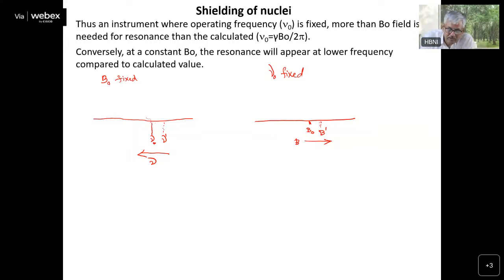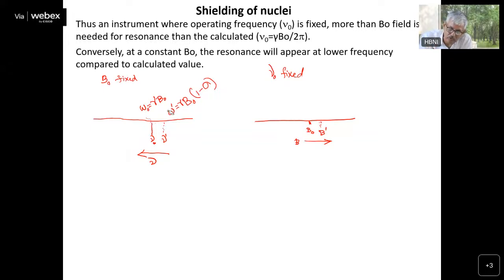In this case you can consider omega 0 equal to gamma B0, but in this particular case it will be omega dash equal to gamma B0 times (1 minus sigma).